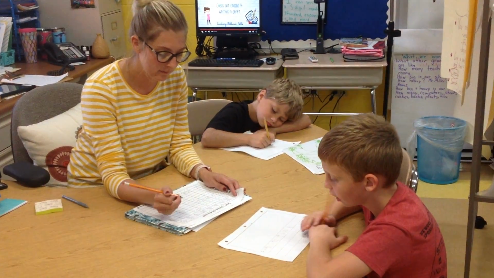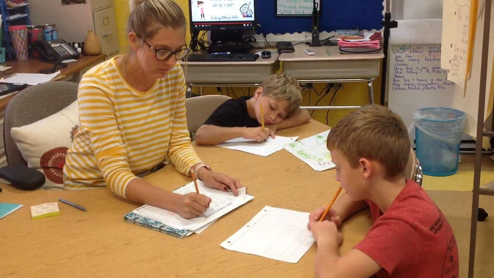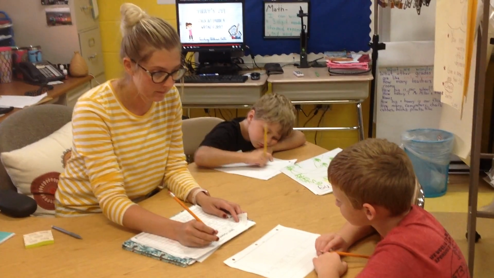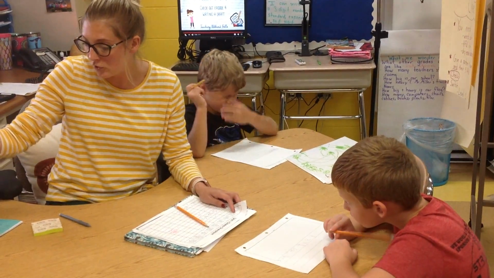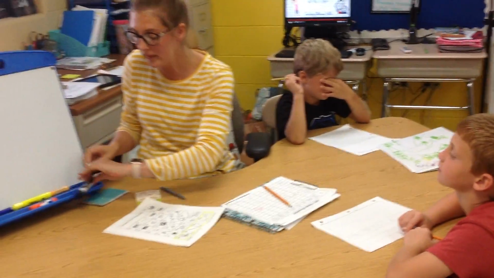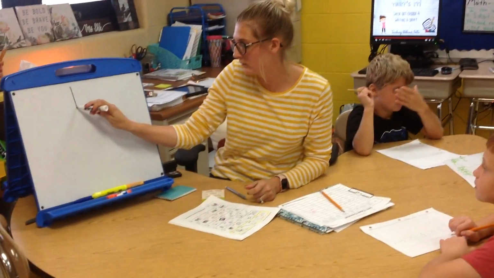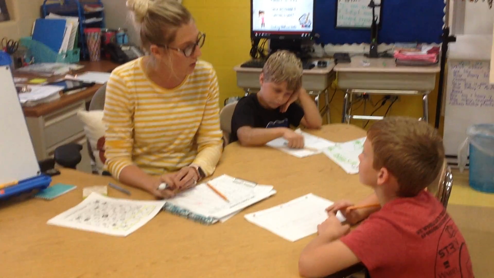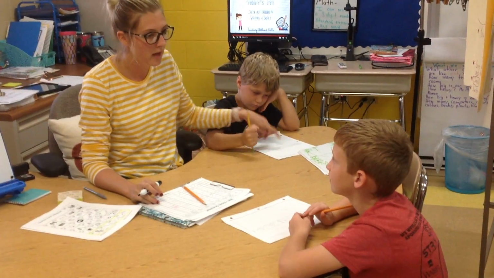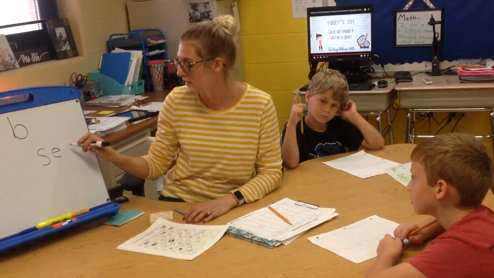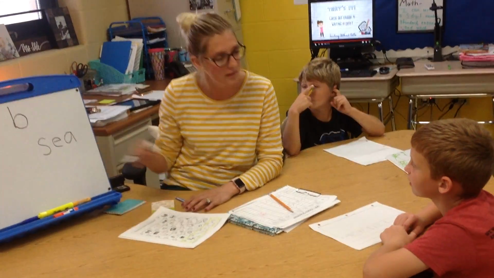Can you read me yours? Alright, and you're working on how to spell beach? We've got the B. Do you know how to spell sea? Not the sea like you see with your eyes, but the sea like the ocean? When we spell sea like the ocean, it's S-E-A.